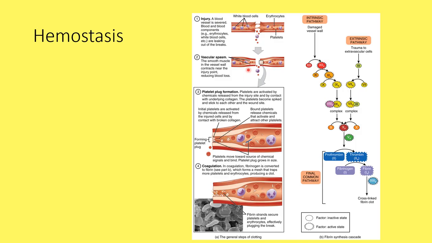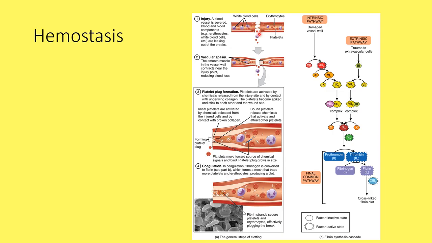Platelet plug formation. Essentially what happens is, on the inner lining of the blood vessel, which I know we haven't talked about yet, the inner lining of the blood vessel is smooth. That reduces friction so that the blood can freely flow through the blood vessel.